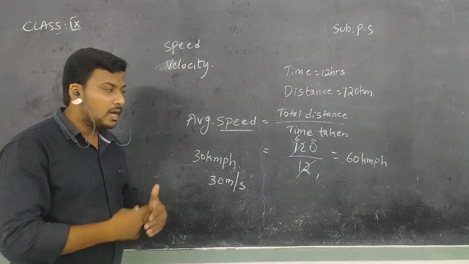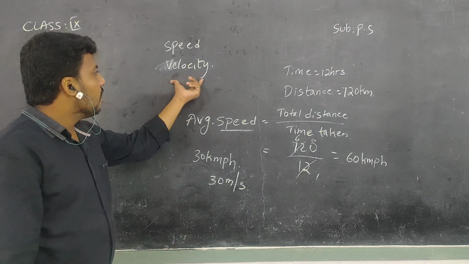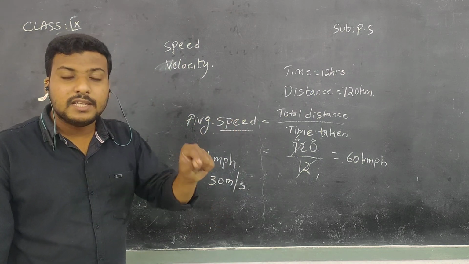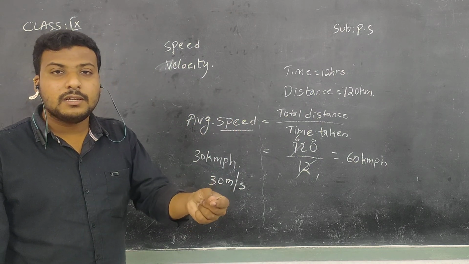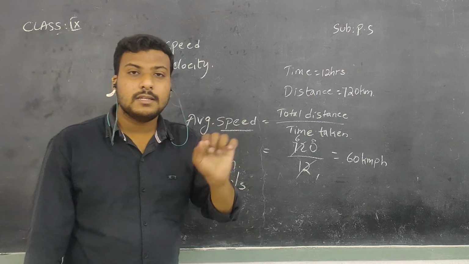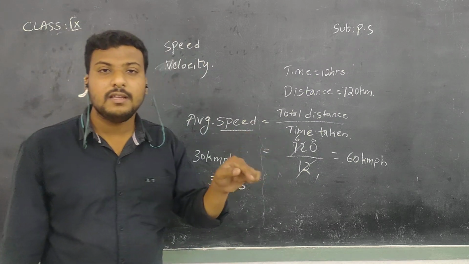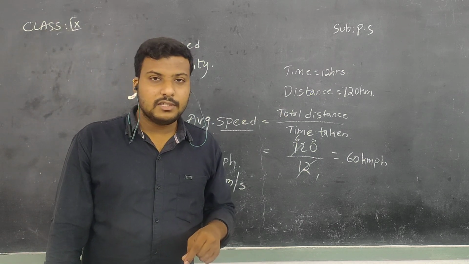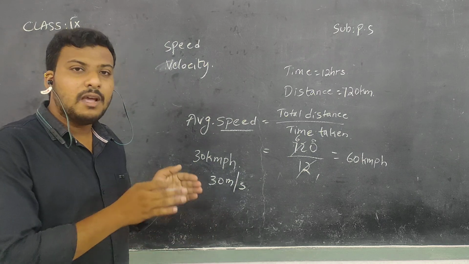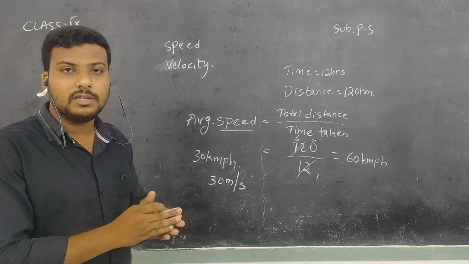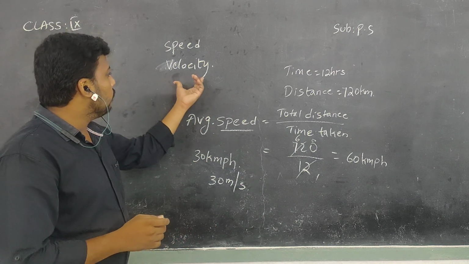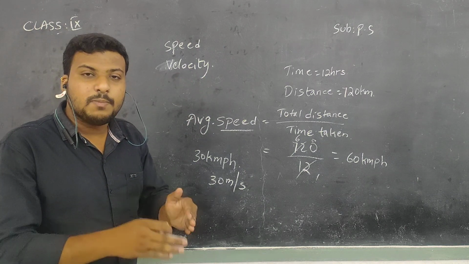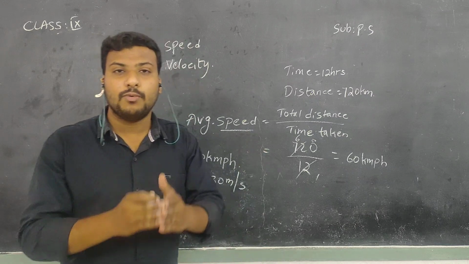Then we need one more term, that is velocity. Velocity is nothing but speed of an object which specifies a direction. It specifies in which direction the object is moving. Understand, children? Speed is just a magnitude. It's a scalar quantity. But velocity is the speed of an object which specifies in which direction it is moving.